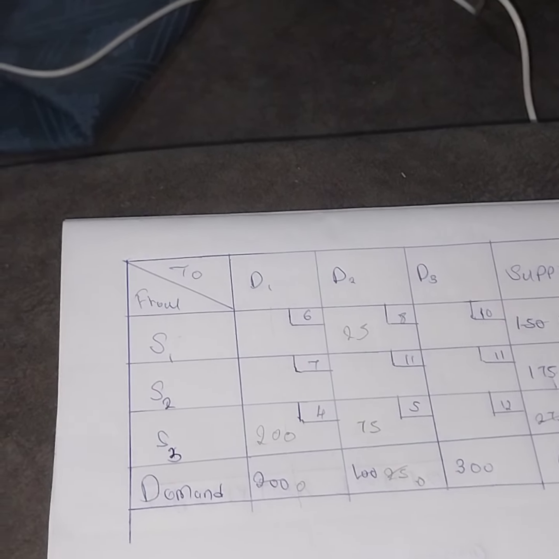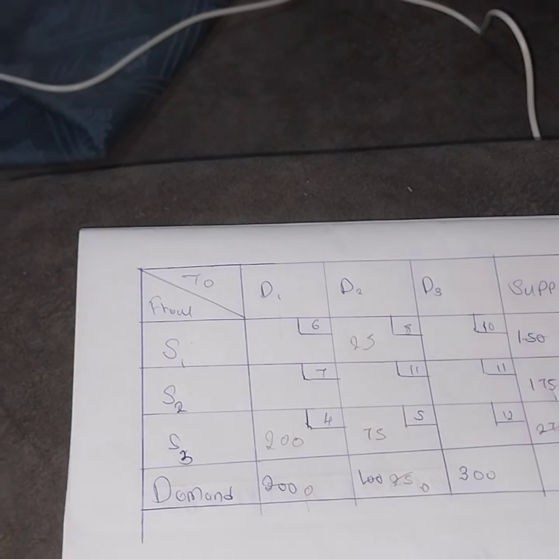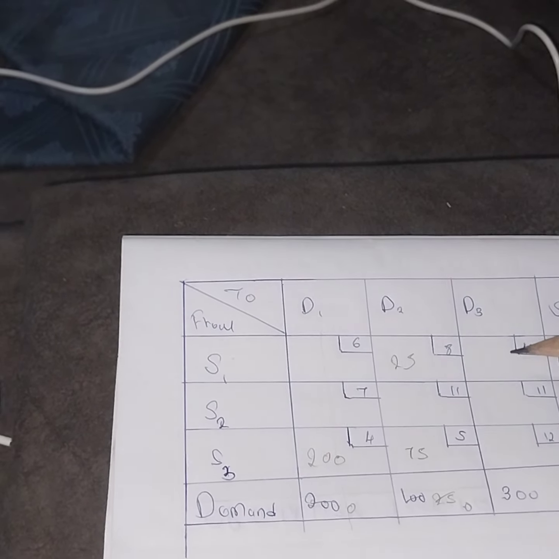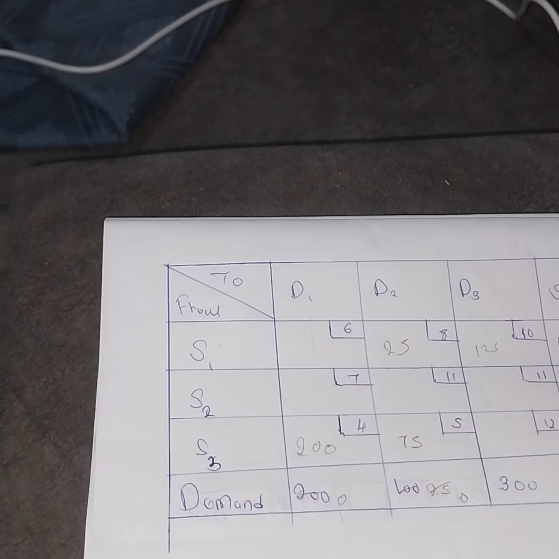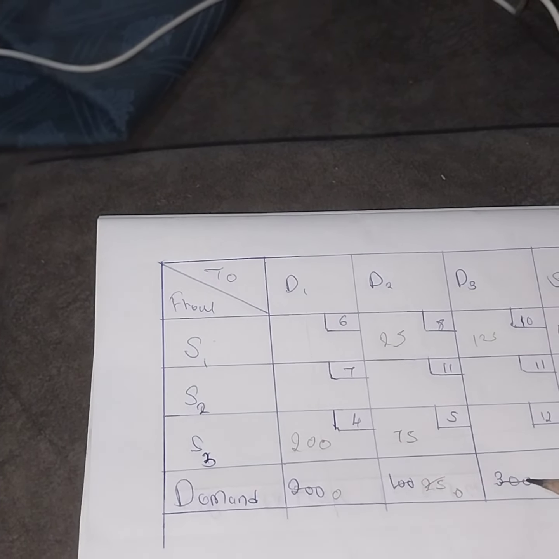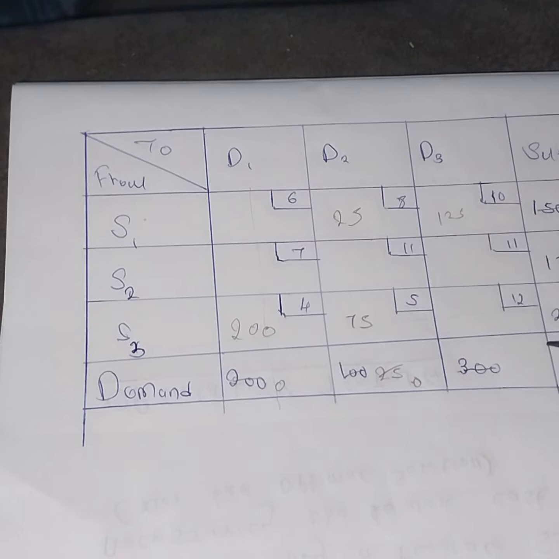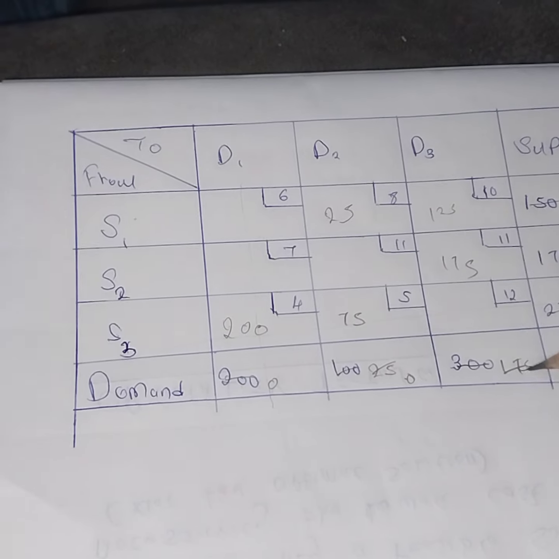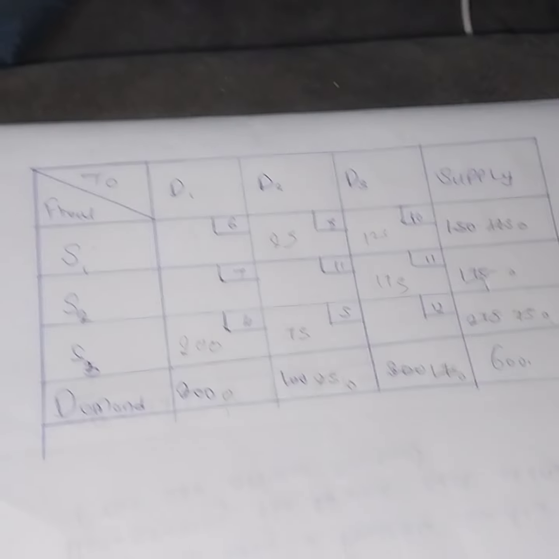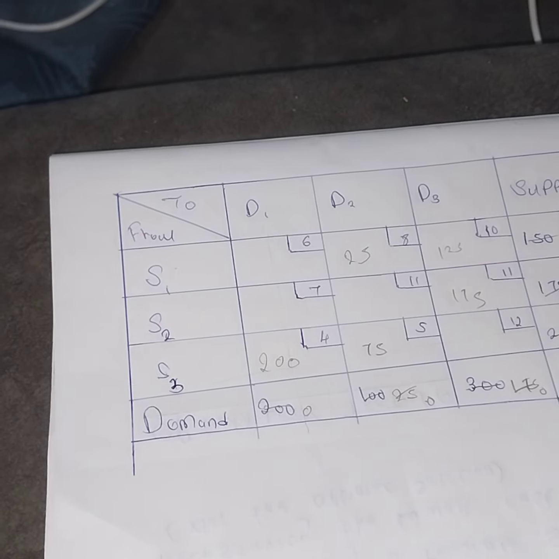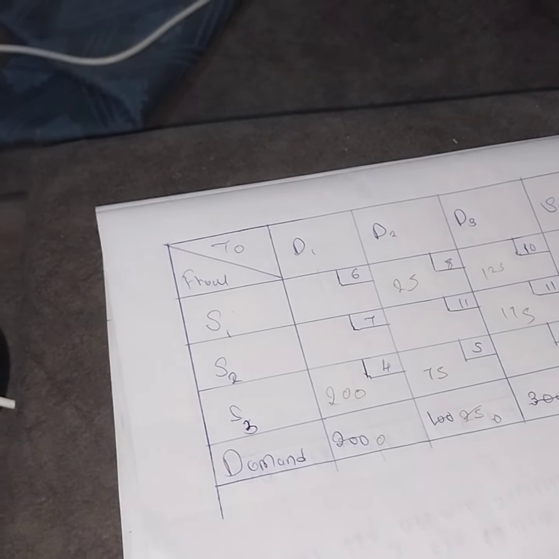So we'll supply 125 tons at the cost of 10 to destination 3, and we'll still have a demand of 175, which is unmet, and that will be supplied at 11, and finally we will have supplied every destination with the demanded requirement for milling.